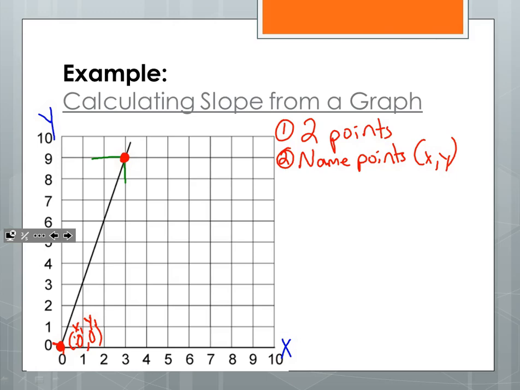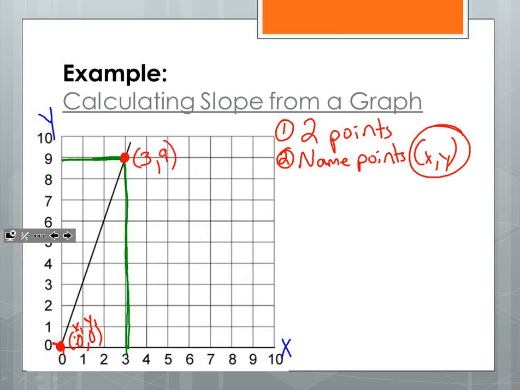Then my second point, because it is intersecting my x and my y, I'm going to look over and down and figure what those numbers are. Because I'm going to put it in the format x comma y, and set up my first parentheses. My x, if I follow the line down, is a 3. And my y, if I follow the line to the y, it is a 9.